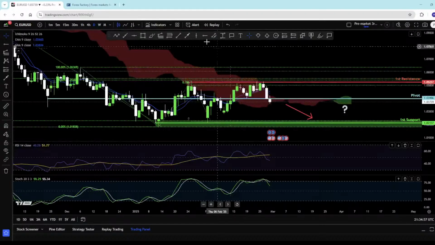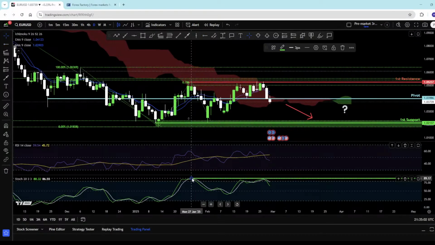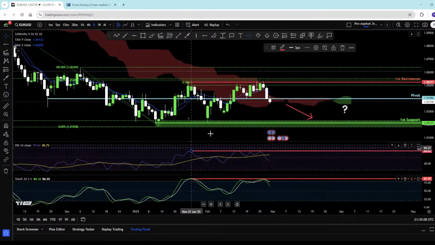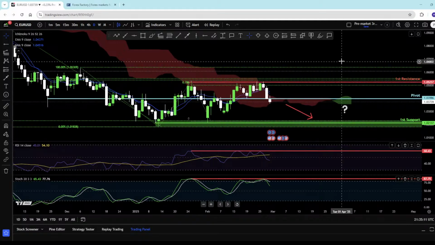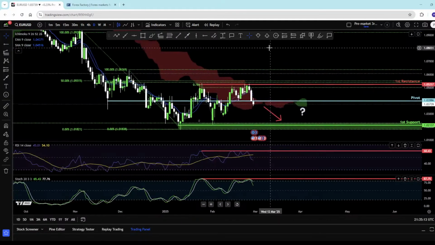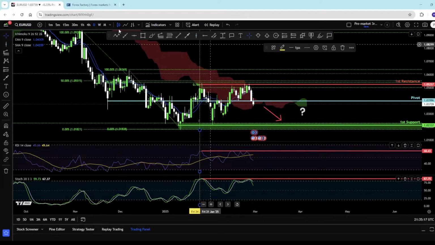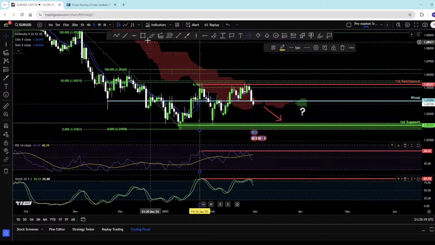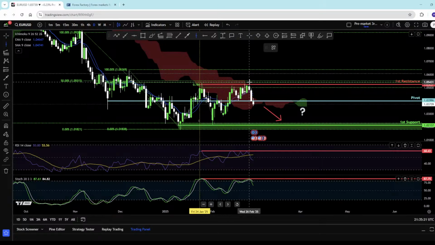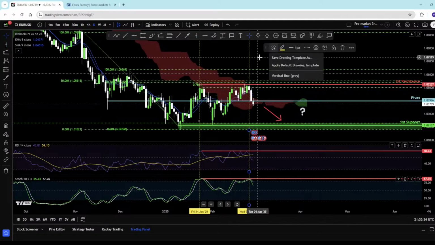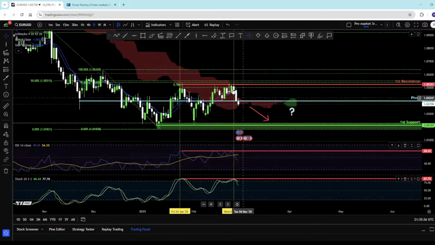RSI and stochastic, you can see prices moving downwards as well. All the signals are giving us pretty bearish indicators here. And you can see that both of these line up with that previous swing high where we saw prices drop as well. So I'm expecting that to happen again.